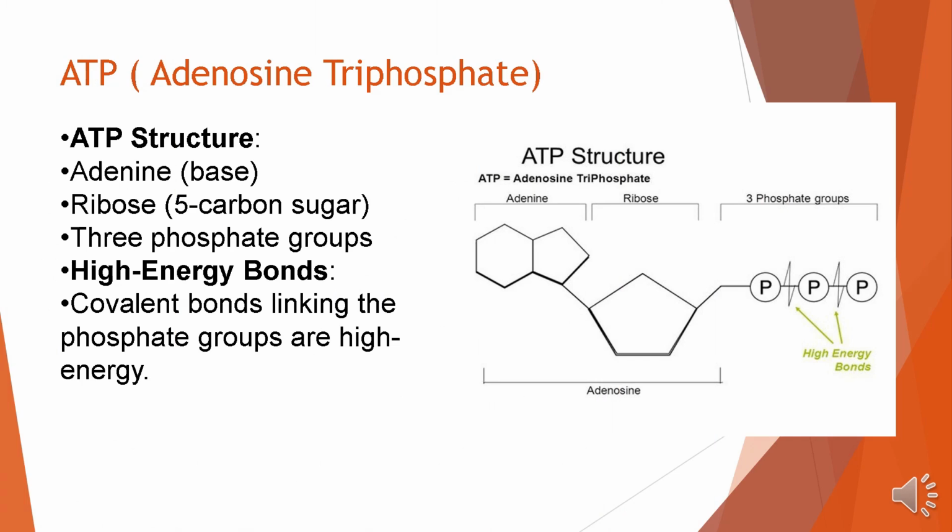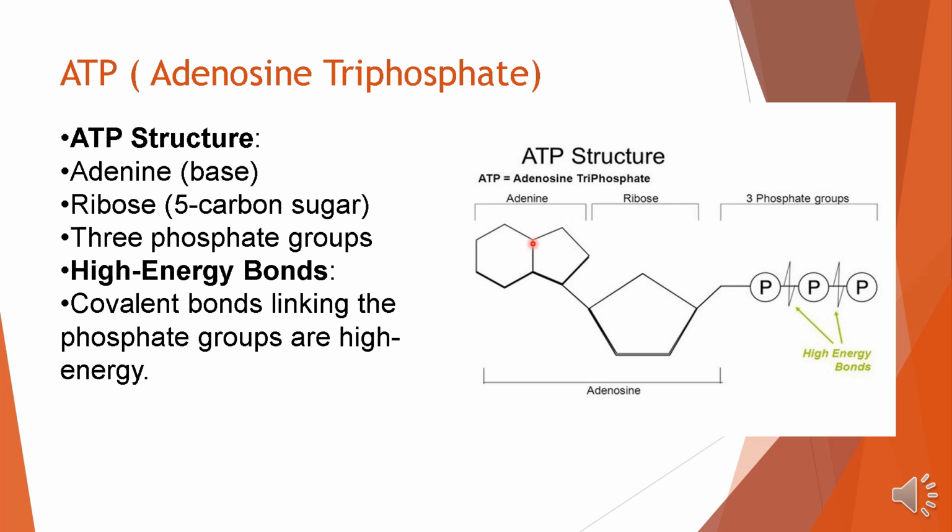ATP, adenosine triphosphate, is a molecule that plays the role of primary energy carrier in the cell. It consists of three main parts.